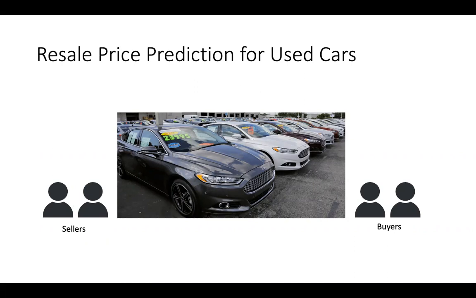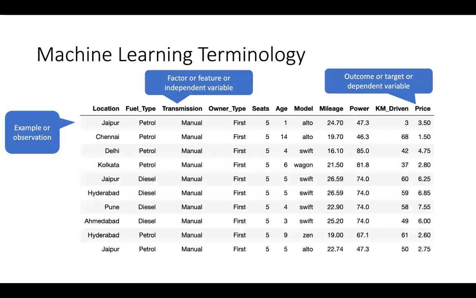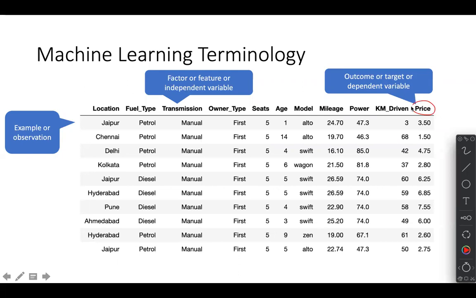We have already gone through this in detail. If you look at the data set here, this is structured data with different columns, and we can predict the price of a car from different factors. So this is basically your data set.